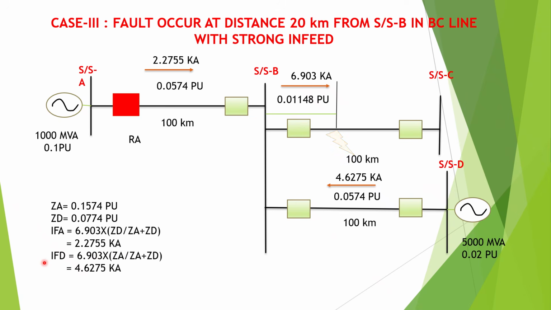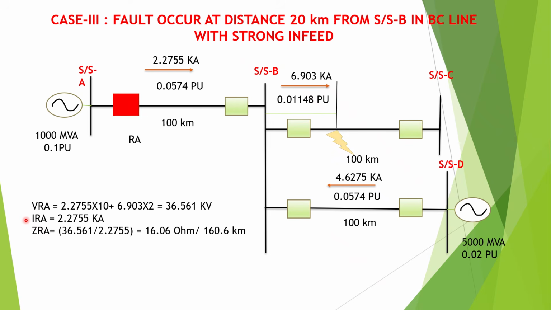And the fault current fed from substation D end will be equal to the fault current into ZA divided by ZA plus ZD, which comes as 4.6275 kiloampere. So 2.2755 kiloampere will be supplied from substation A end via this line, and 4.6275 kiloampere will be supplied from substation D end. Total fault current is 6.903 kiloampere.